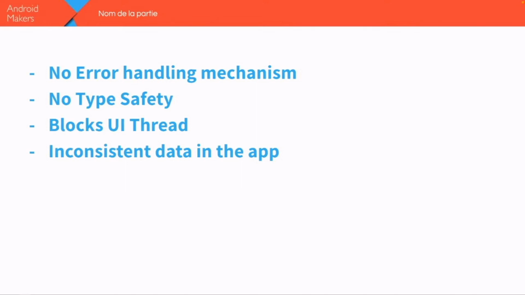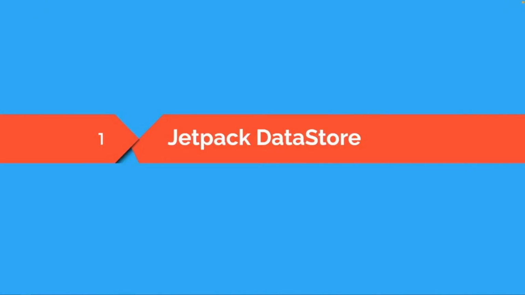There is no type safety, which might lead to poor error handling and uncaught exceptions, and it becomes super hard for debugging. Also, the behavior might lead to inconsistent, mismatched data across your app, and hence today's topic, which is Jetpack DataStore.